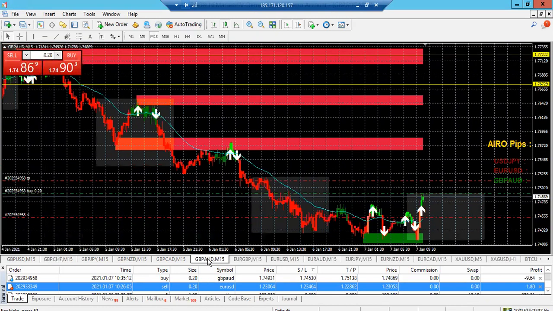I think I'll scale up. If this trade starts going my way, I'll scale up more, and by scaling up, I mean I'll add more trades.